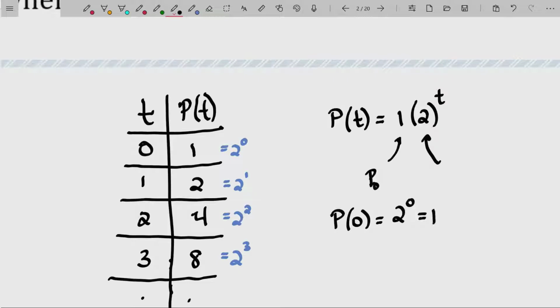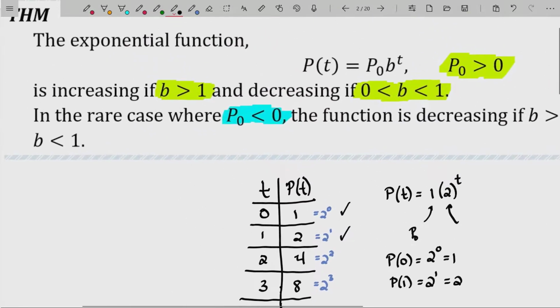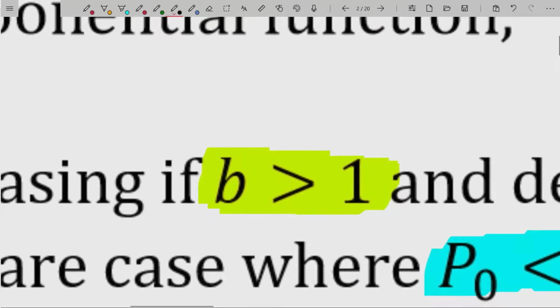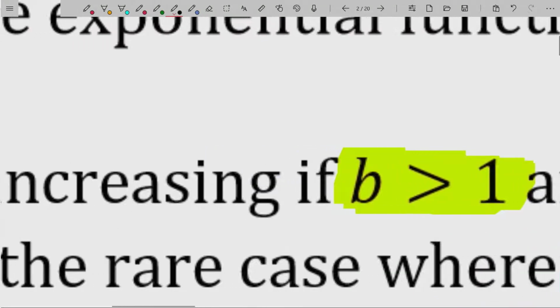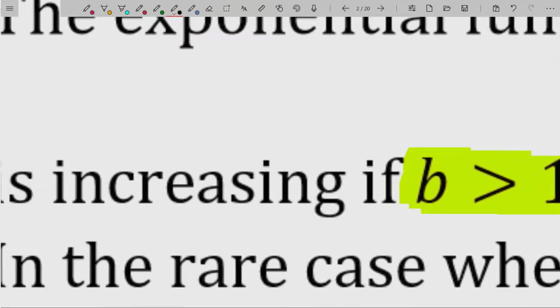That works out. Check. And p of 1, that's 2 to the first, which is equal to 2. That works. And so on and so forth. So this is actually the model. And notice our population is increasing. So this is a good justification that if the base of our model, which in this case is 2, is greater than 1, then our population is increasing.